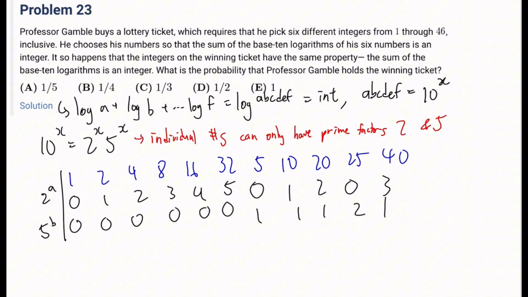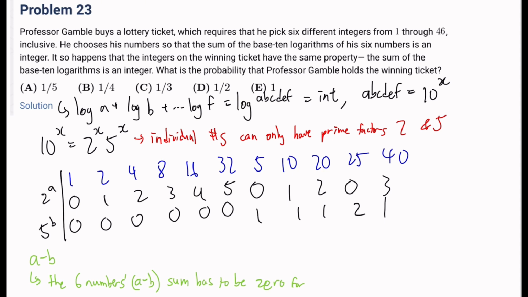And so now what we want to do is compute a minus b, because for the 6 numbers, the sum of a minus b has to be 0.